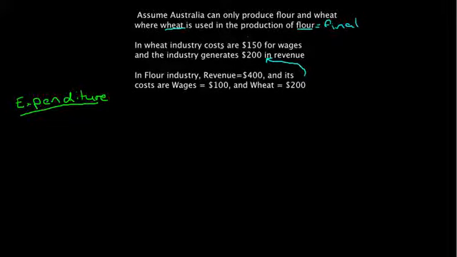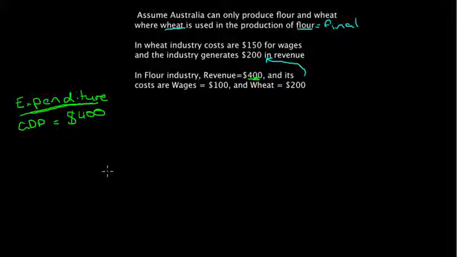Now the only thing bought in the actual economy is our final product, which is flour, and the money that consumers spend on that is just $400. So this is very easy: GDP equals the money spent on the final goods, and that's just $400. That's using the expenditure approach to define the GDP.